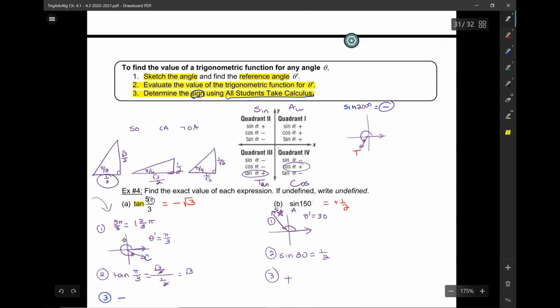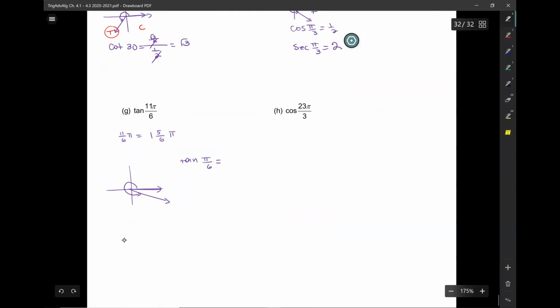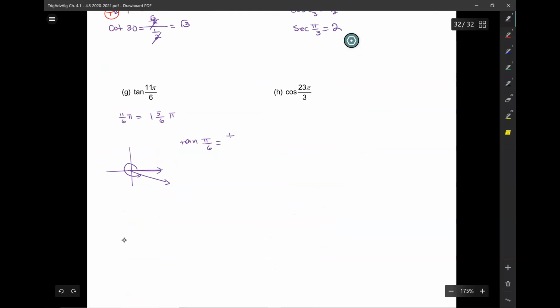Second triangle, tangent is 1/2 over root 3 over 2. Twos cancel, that's 1 over root 3. In this quadrant though, tangent is negative, so this is negative 1 over root 3.